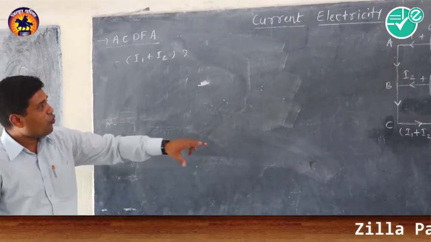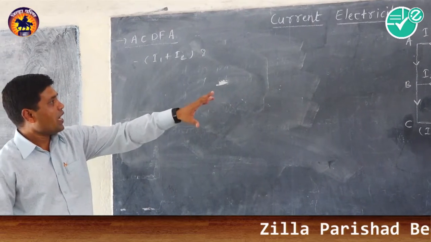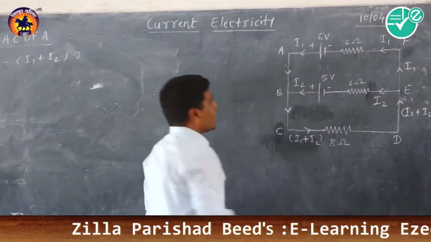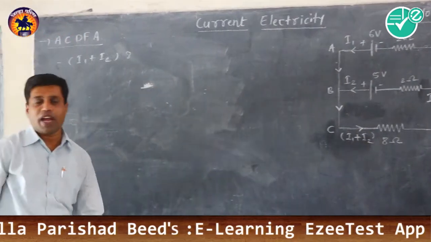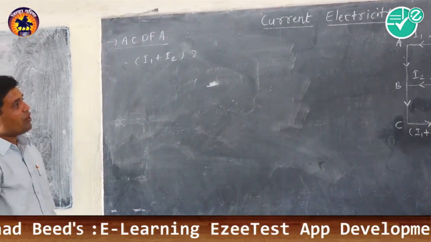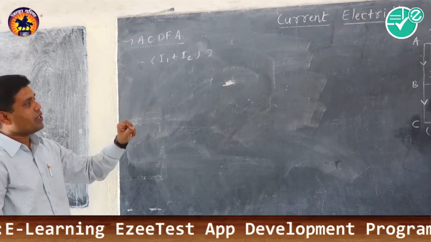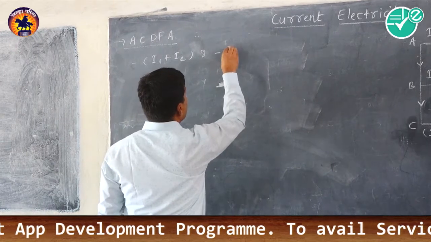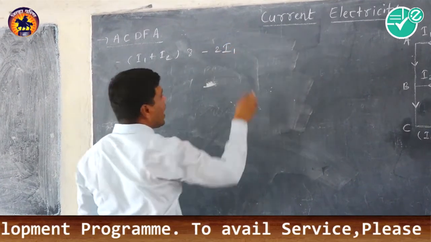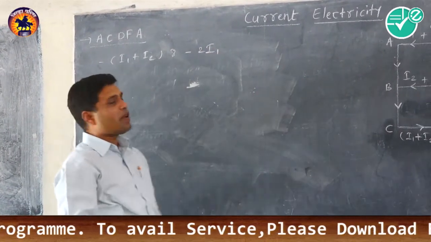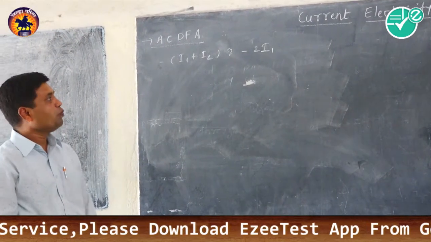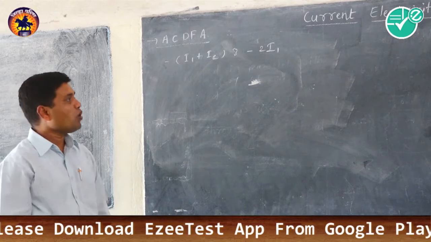While going from F to A, we observe that the current I1 is flowing in the same sense as the loop. Therefore, we take minus 2 I1, because I1 has the same direction as the loop.